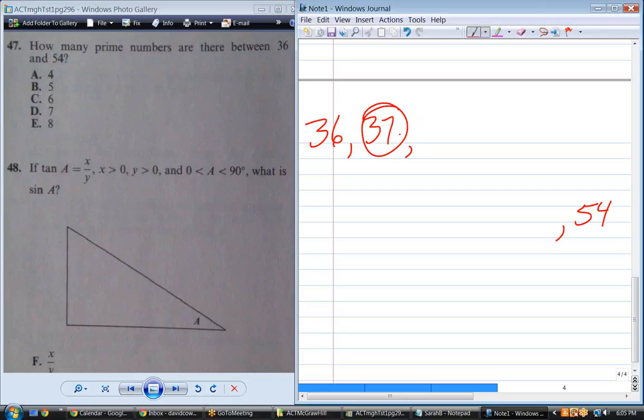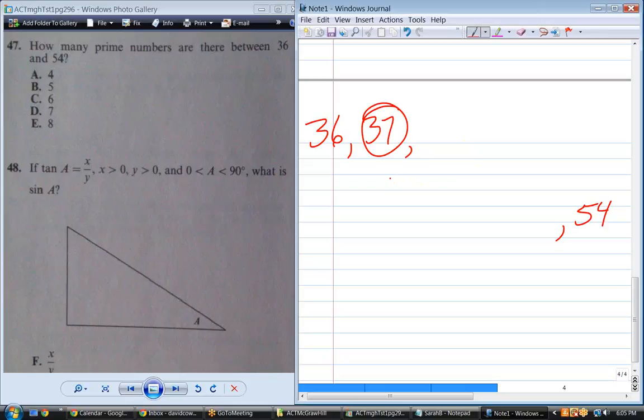You don't need to check any even numbers. No even numbers above 2 are ever prime because they're always divisible by 2. So that makes the task a little easier. We can just check odd numbers.